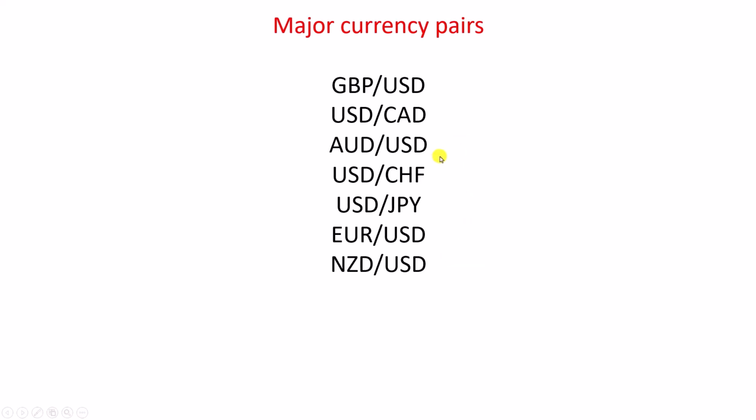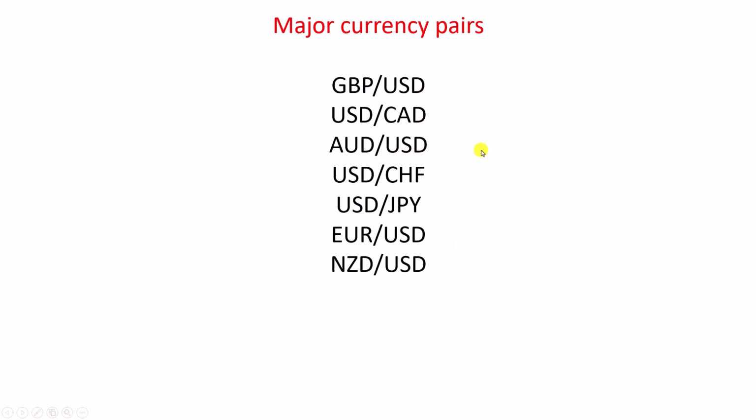Now you may have a question in your mind. This is GBP USD, with GBP being base and USD being quote. What about USD GBP? What about CAD USD? What about USD AUD, and so on?